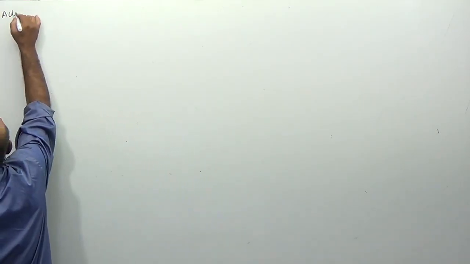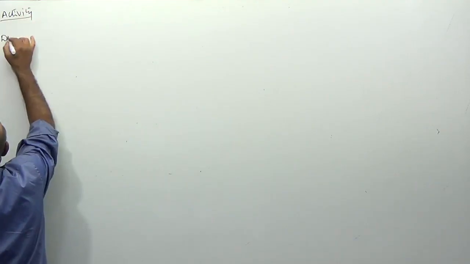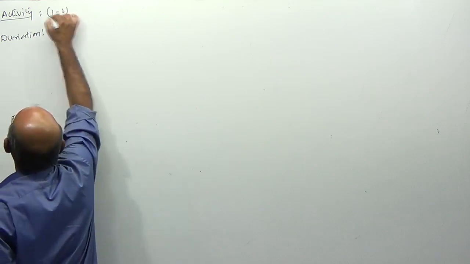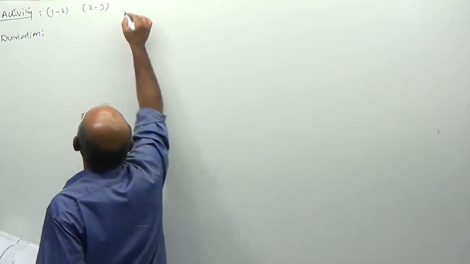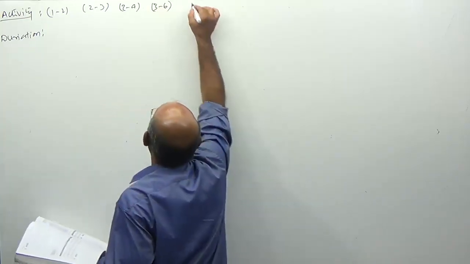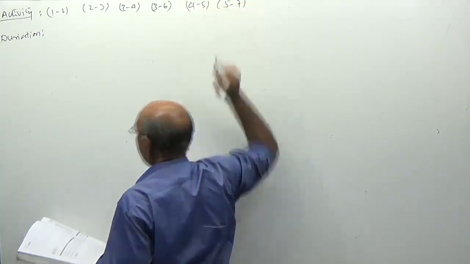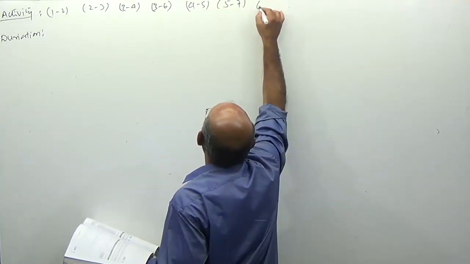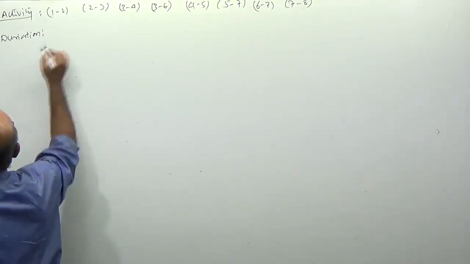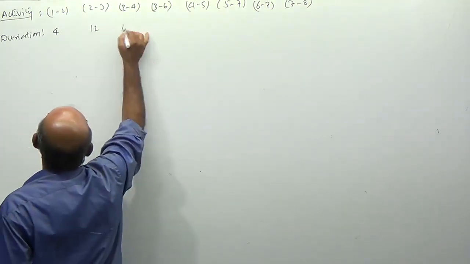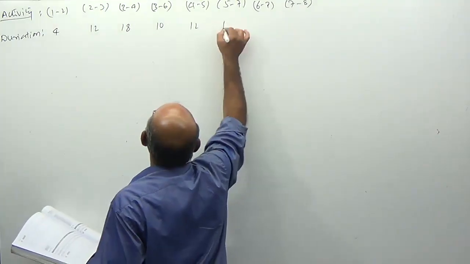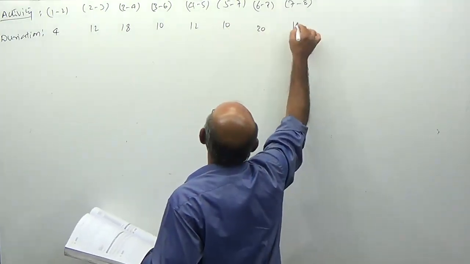This is the activity, and this is the duration. Activities: 1-2, 2-3, 2-4, 3-6, 4-5, 5-7, 6-7, 7-8. Durations: 4, 12, 18, 10, 12, 10, 20, 16.